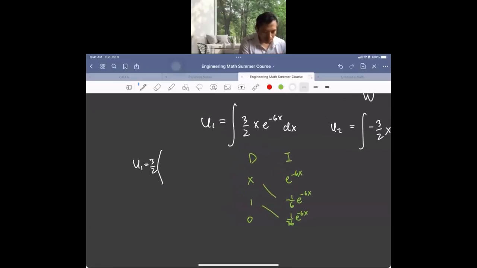Correct, right? Yeah. I think we can go and write the u1 is 3 over 2 multiplied with negative 1 over 6 x e negative 6x.